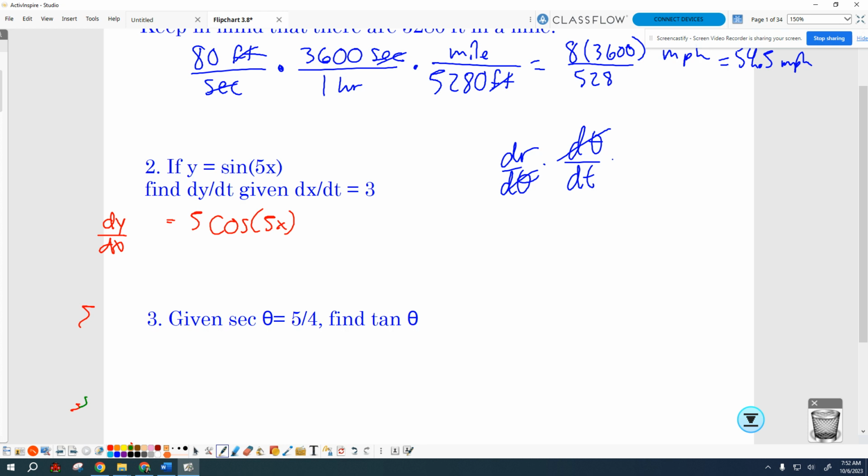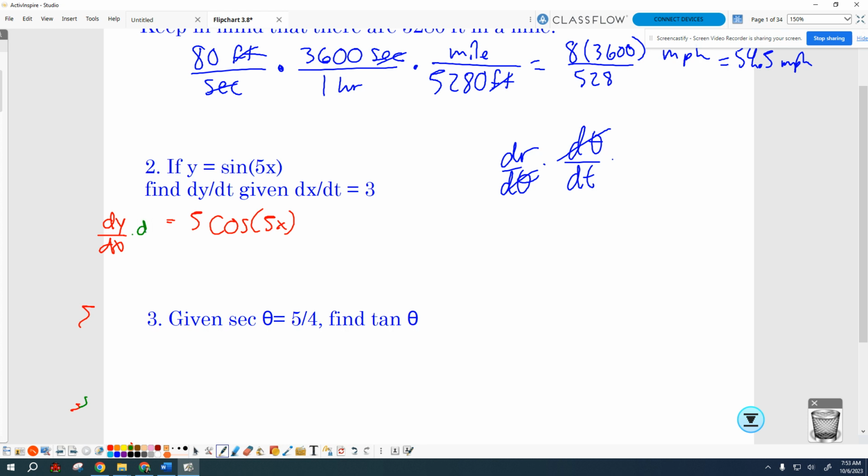So what's one adjustment that I can do, Sydney, to fix it? You could say dy dt equals cosine 5x dx dt. Say that again? Dy dt equals cosine 5x times 5 dx dt.